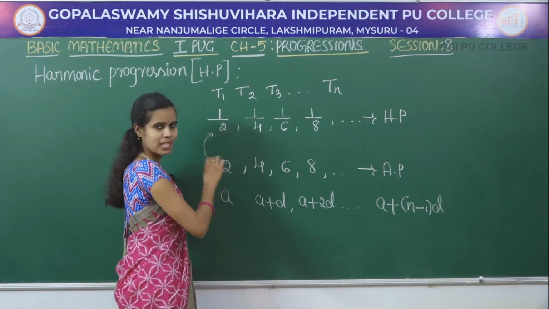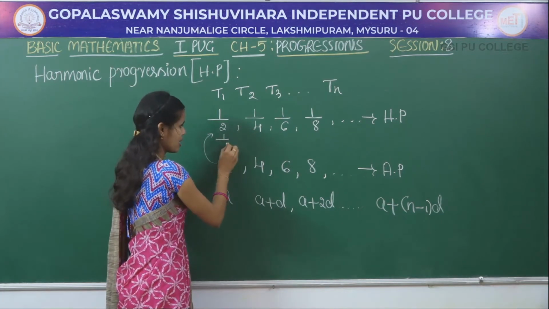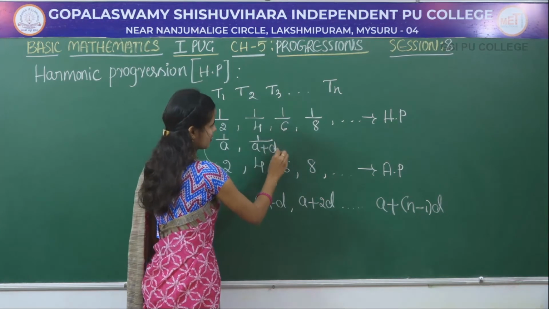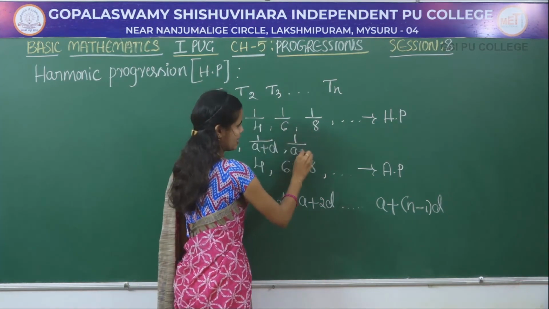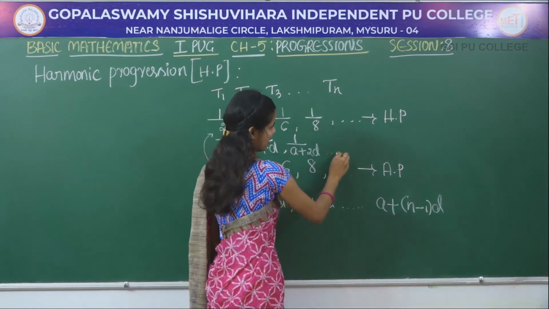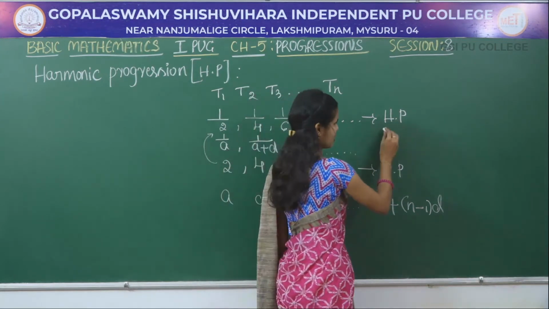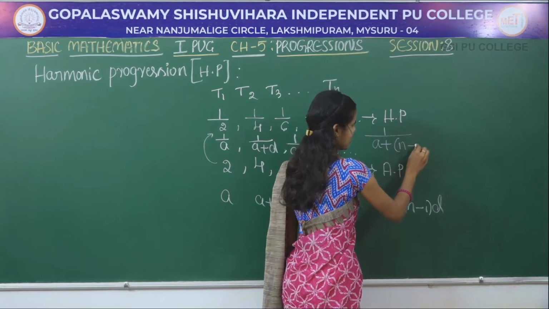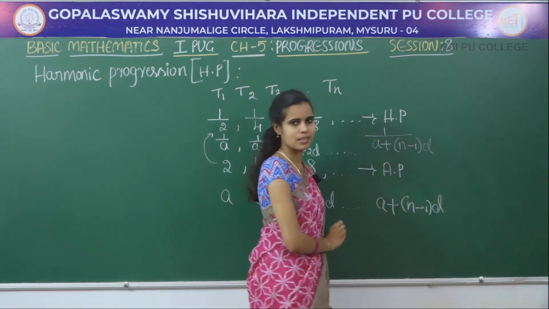The terms in HP are defined as 1 by A, 1 by A plus D, 1 by A plus 2D, etc. The nth term is defined as 1 by A plus n minus 1 into D.